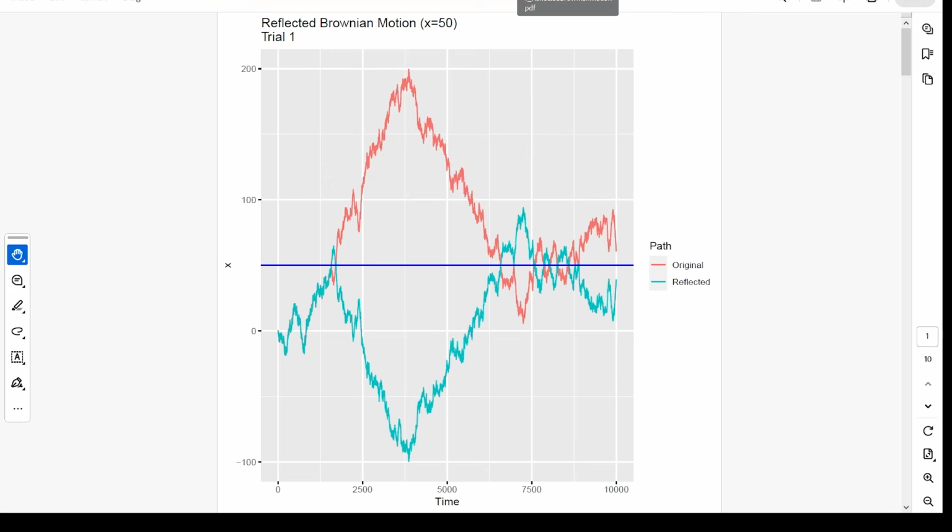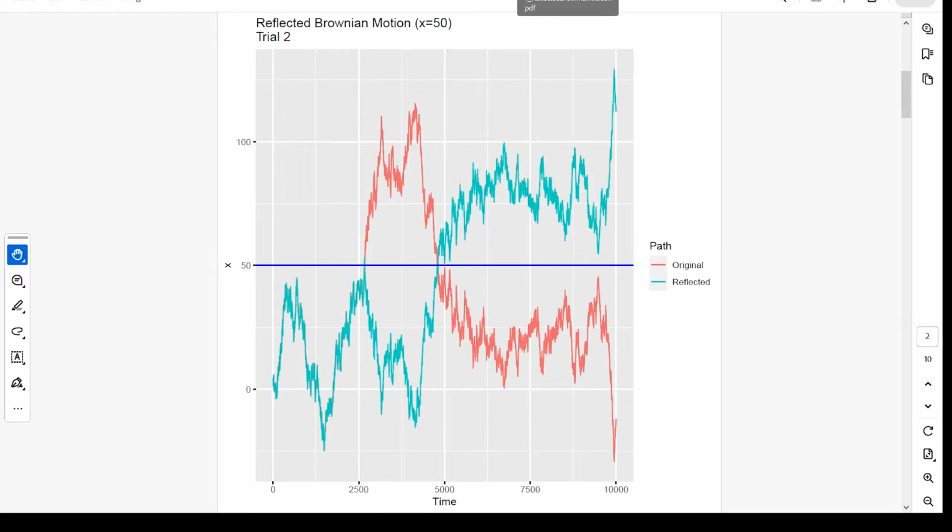Because of overlapping colors, the beginning of the process at time 0 is the original and the reflected path, so it appears as the reflected. Once it hits this level x in red, the green reflects about x, the value, and it continues reflecting across the remaining path of the original series.